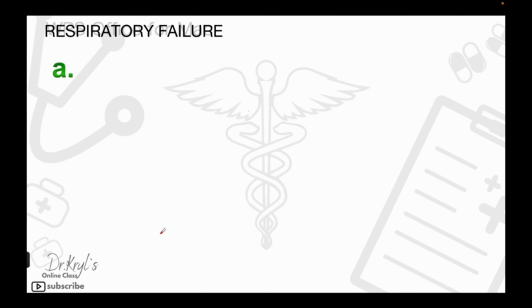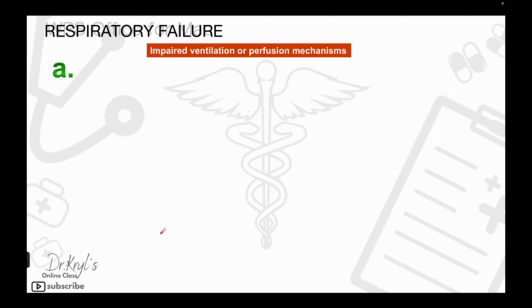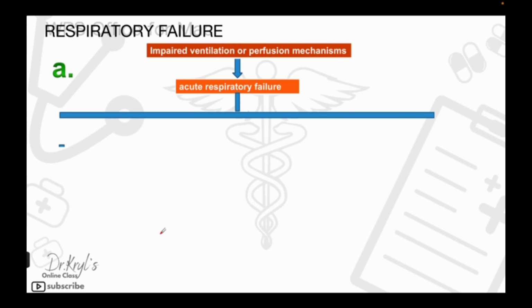So, let's go to our pathophysiology. In acute respiratory failure, the ventilation or perfusion mechanisms in the lungs are impaired. Okay? So, the ventilatory failure mechanisms lead to acute respiratory failure. That includes impaired function of the central nervous system.